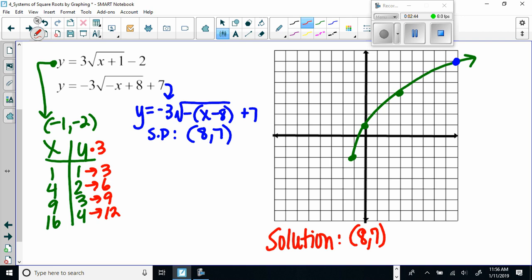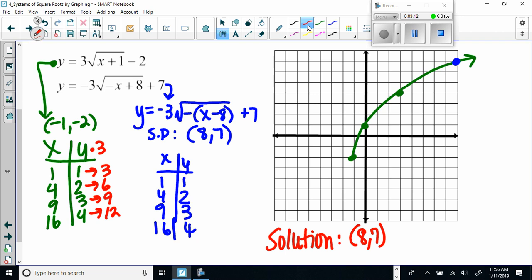We'll see. All right, now I'm going to go to my table of my parent function. So I have my 1, 1, 4, 2, 9, 3, 16, 4. All right, so what am I doing to the x's? I'm dividing them by -1. Now, multiplying by a -1 is the same thing, but I just wanted to practice so you remember.